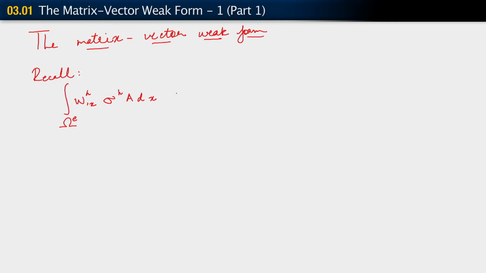What I'm going to start out with doing is consider this integral for the somewhat special case of element 1, fueled by the fact that we have a Dirichlet boundary condition on the first node of element 1. Okay, so we have this, and now let's consider how it works out for E equals 1.